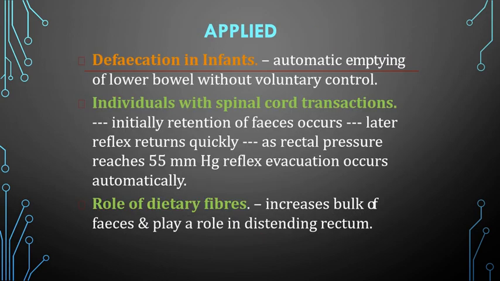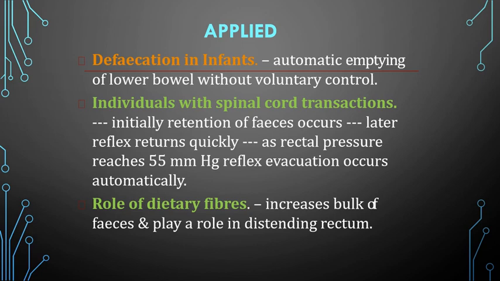And lastly, the applied aspect of defecation. In infants, there will be automatic emptying of lower bowel without voluntary control. And in individuals with spinal cord transection or hemisection, that is when the spinal cord is cut in half, initially there will be retention of feces. And later the reflex returns quickly as the rectal pressure reaches 55 mmHg.